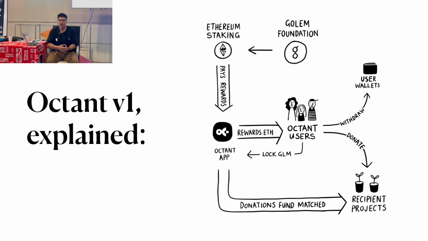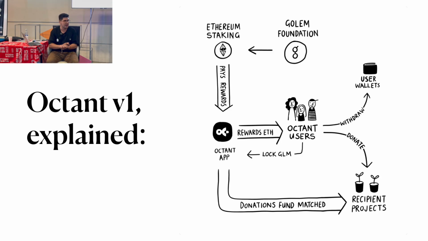It favors projects that receive donations from a larger number of participants. So a project that receives 100,000 in donations from a single party receives a lot less matching than a project that receives 100,000 from 100,000 different people, each donating $1. So that's basically it in a nutshell. We can clarify that later.